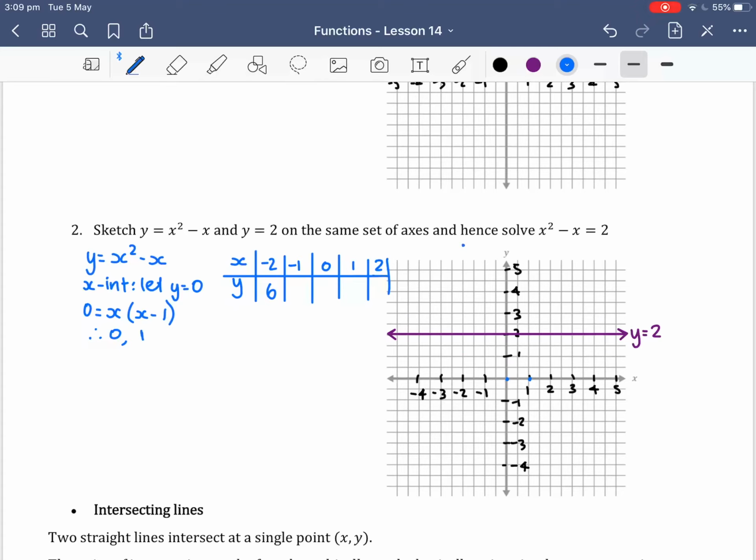So let's plot that. That would be up there. Minus 1 squared minus minus 1 is 2. Then we know that 0 is at 0, and we know that 1 is also at 0, and then we just need to sub in 2.